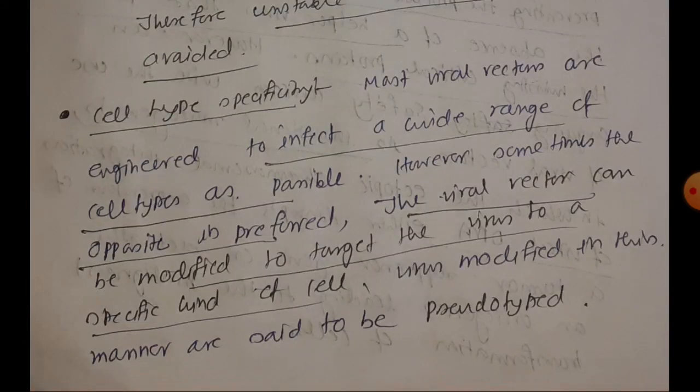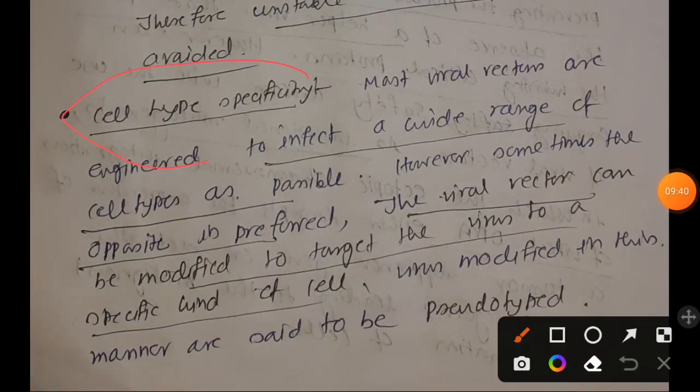Okay, so now the third point, it should be the fourth point, that is cell type specificity. What is the meaning of cell type specificity? It depends on the condition we are experimenting with, the requirement of the experiment. If our choice is to transfect a specific type of cell, then we will use a virus that has a receptor only for that specific cell.